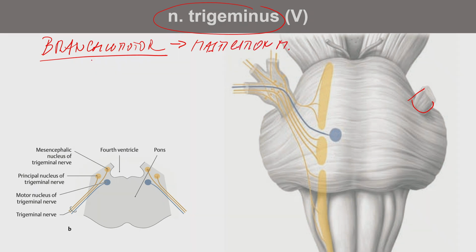Two muscles which are also important because they arise from the same level of the branchial arch: the musculus tensor tympani, the tympanic tensor, and tensor veli palatini. So the tensors are also innervated by this nerve.